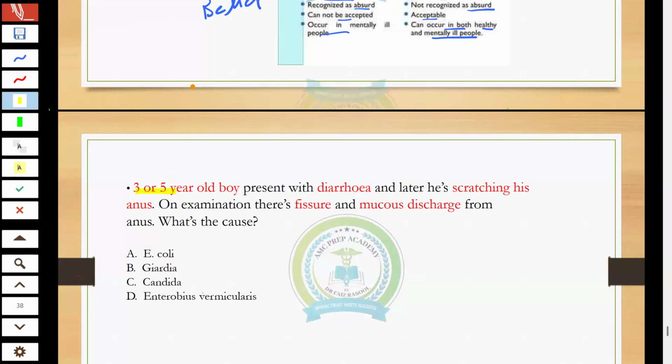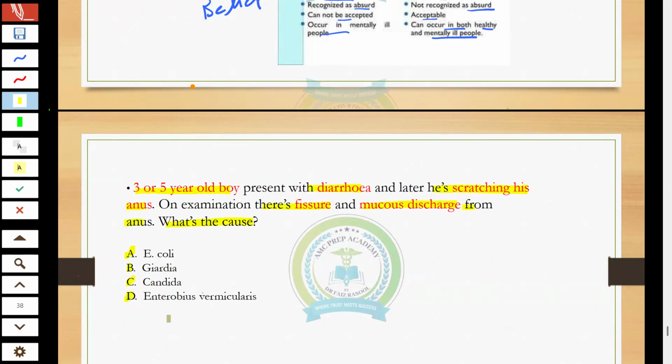So a 3 or 5 year old boy presents with diarrhea and later he is scratching his anus. On examination there is a fissure and mucosal discharge from the anus. What is the cause? Option A, E. coli. B, Giardia. Option C, Candida.